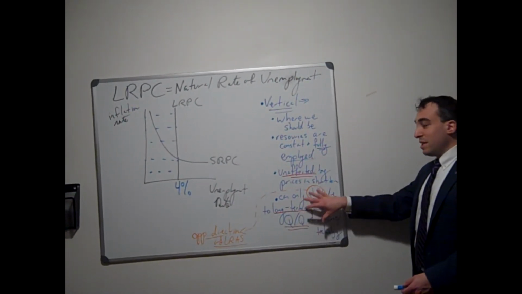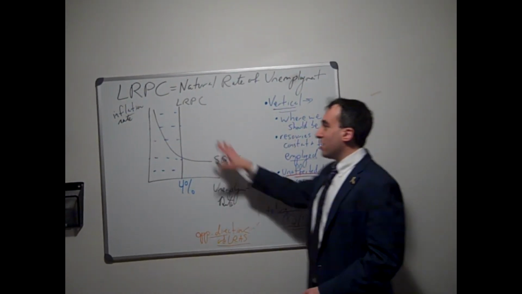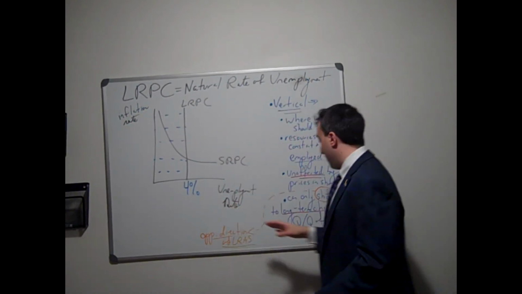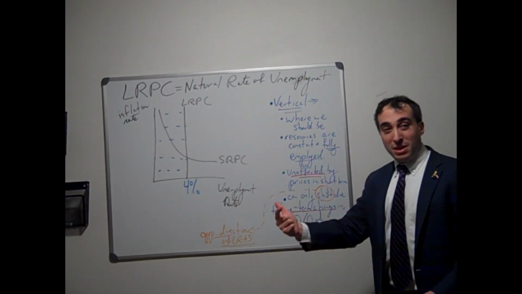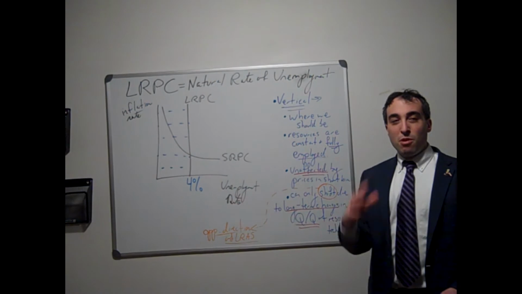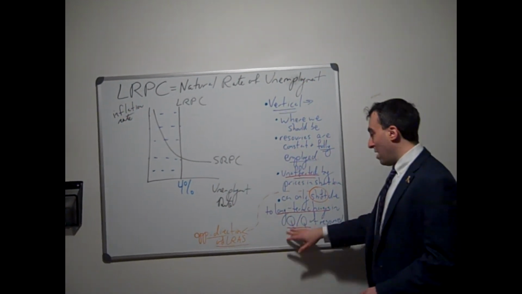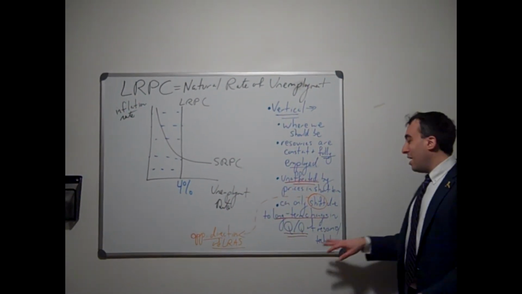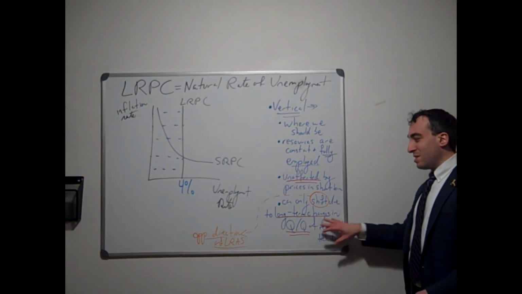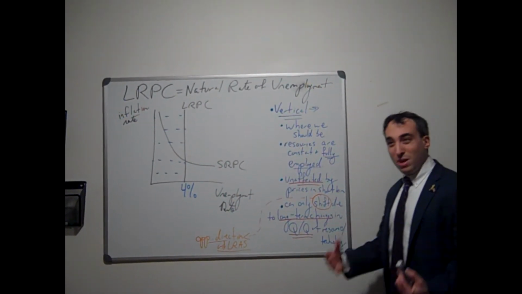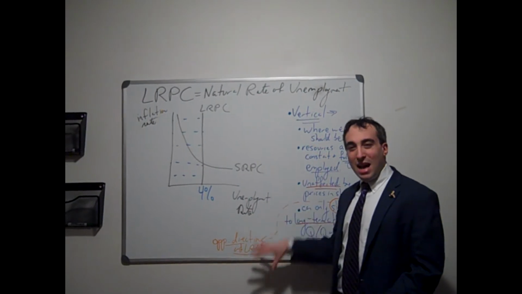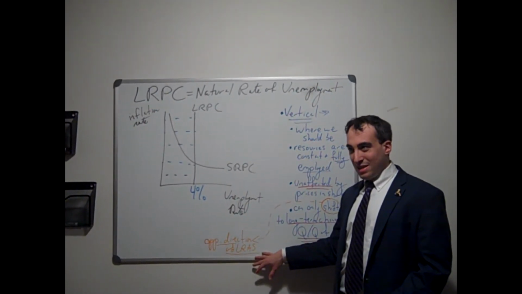And it can only shift, just like the LRAS and the PPC, if there is a long-term or permanent change to the quality, or Q of Q, of resources and technology. But be aware that it is the opposite direction of LRAS.